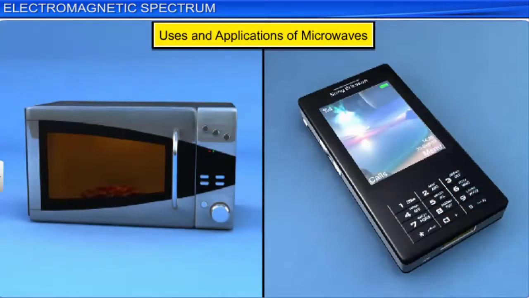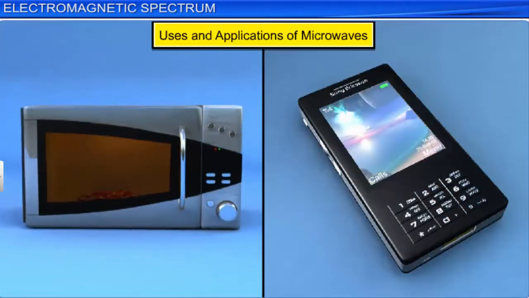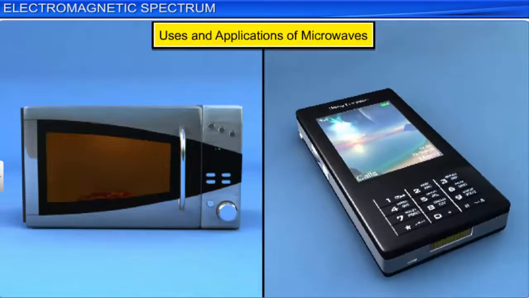Microwaves are used in microwave ovens to cook or heat food or liquids. Microwaves are also used in the field of communication. Since microwaves have short wavelengths, they are suitable for the radars for aircraft navigation systems.